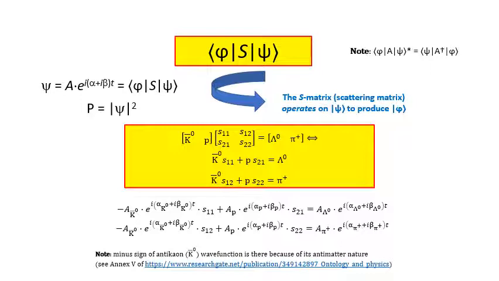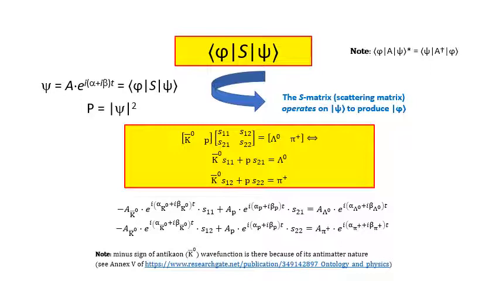CPT symmetry, if you've heard of that: you reverse the charges, you reverse time, take the antimatter particles, and then the mirror symmetry, left and right handed side. If you invert everything, then the reaction is reversible. It's possible.